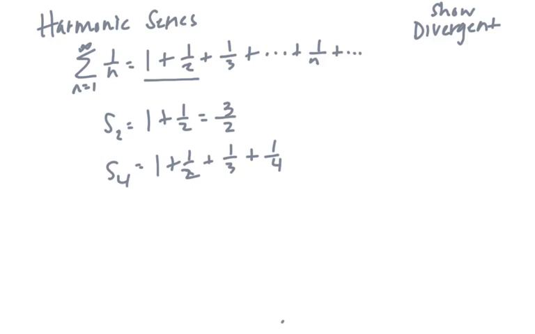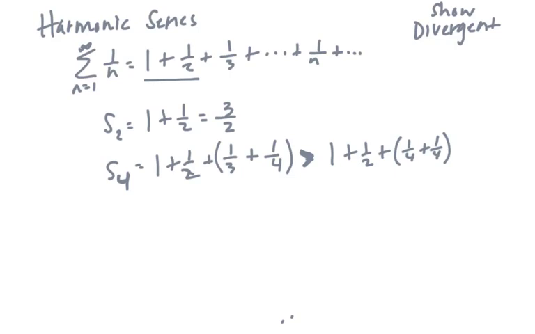By the way, this method is not one you're asked to do much. The technique was, if you look at your book, credited to a French scholar, Nicole Oresme, and he lived in the 1300s. But what he did here is he took this S sub 4 and compared it to, we say it's greater than 1 plus 1 half plus 1/4 plus 1/4.